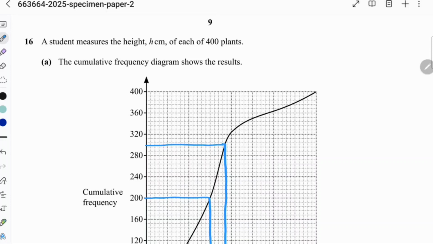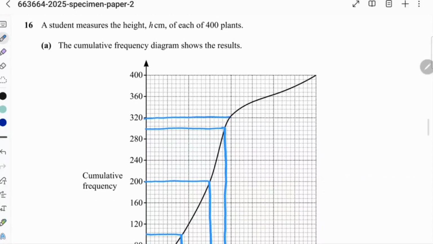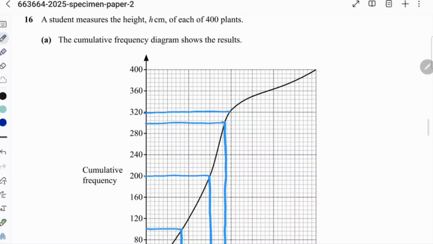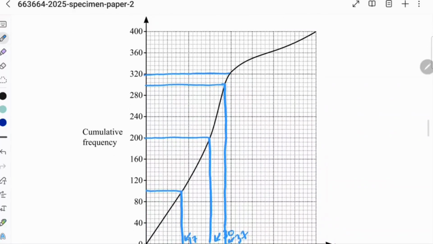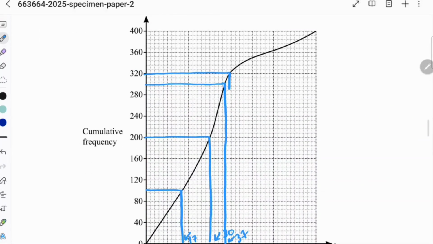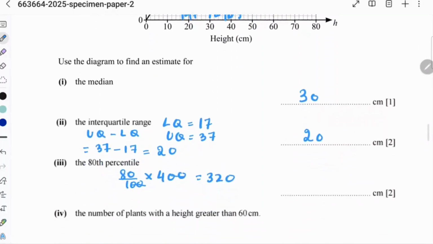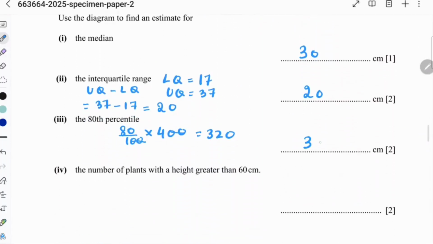It's a half block behind 40. So this is coming 39. So 39 is the value for the 80th percentile.